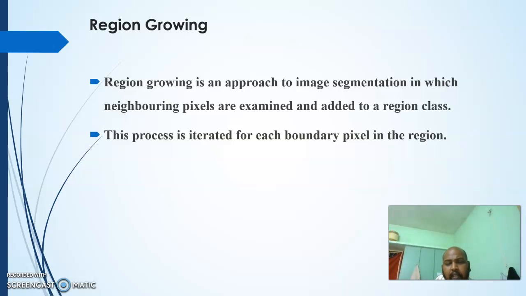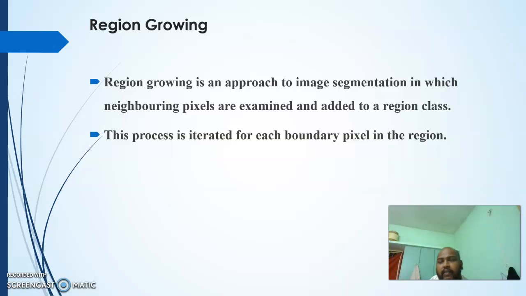Region growing is an approach to image segmentation in which neighboring pixels are examined and added to a region class. How does this region grow? Initially we select some pixel, and from that we examine the nearby neighbor pixels. We verify with the homogeneity criterion property whether it is satisfied.